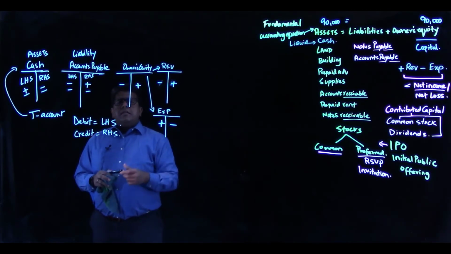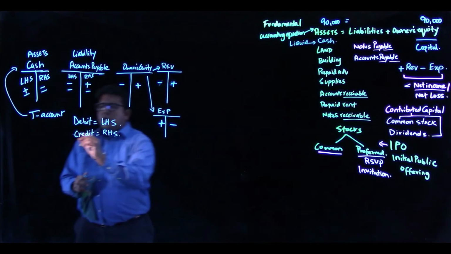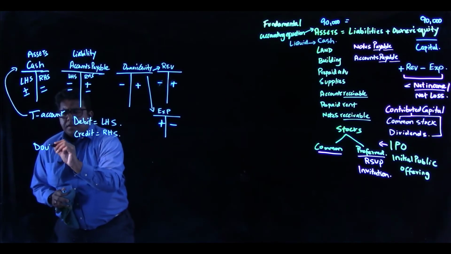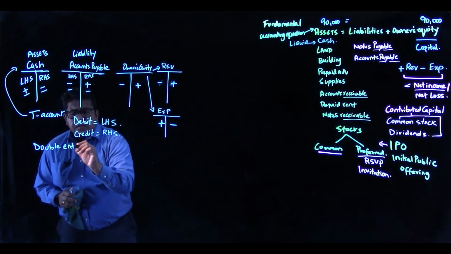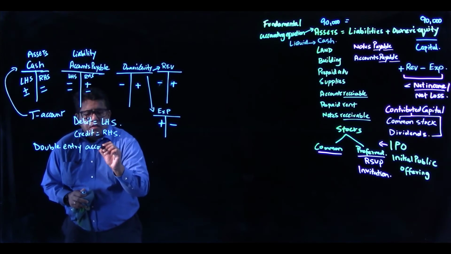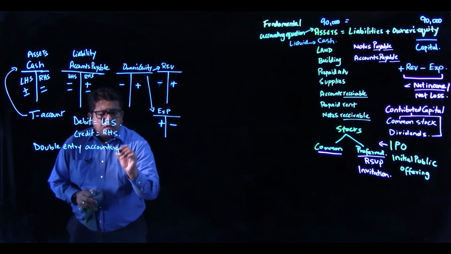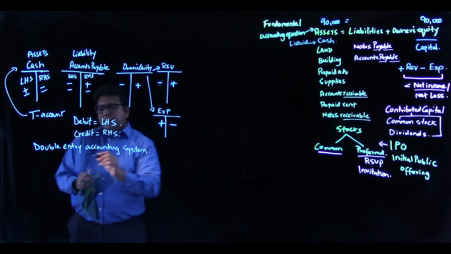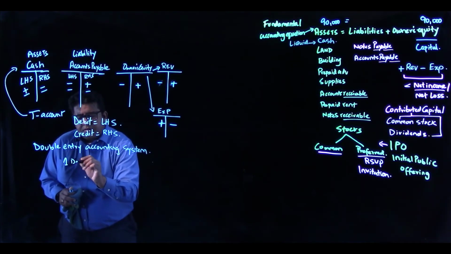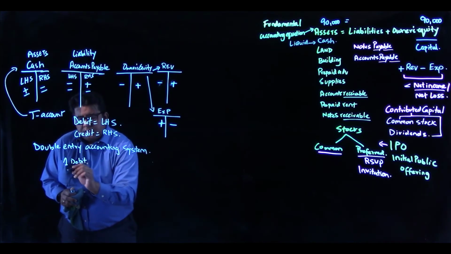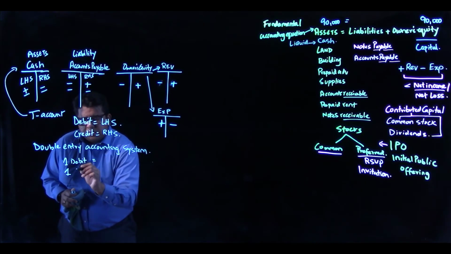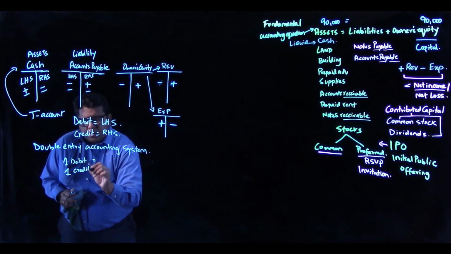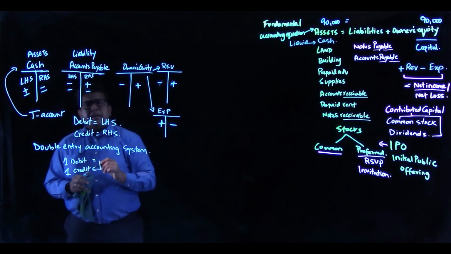We use the double entry accounting system. The double entry accounting system is where you have one debit and one credit.